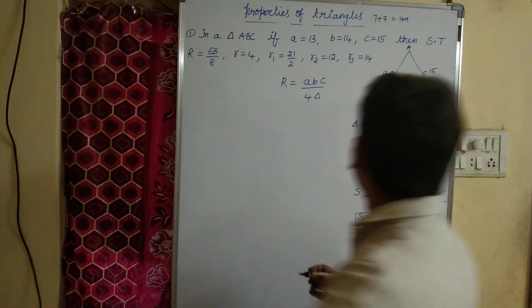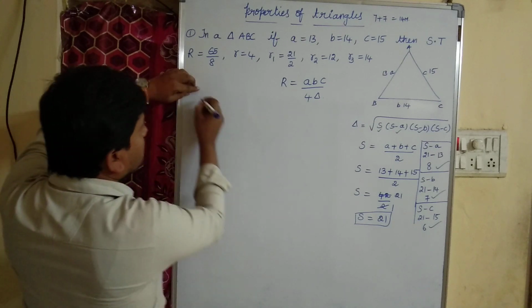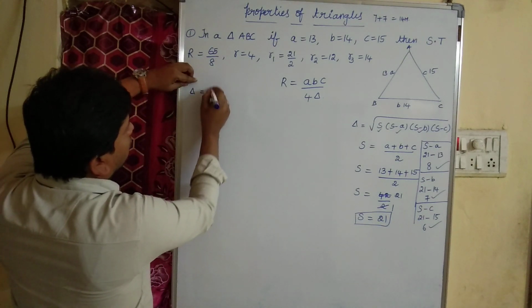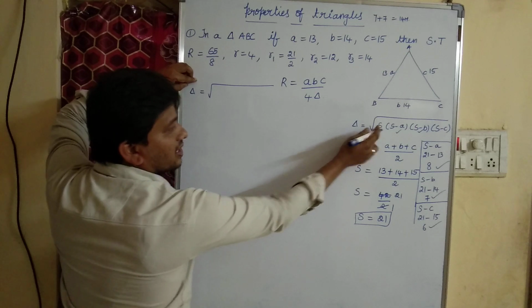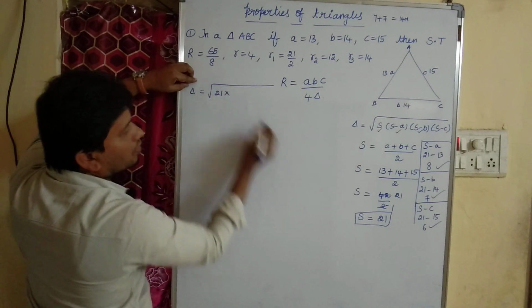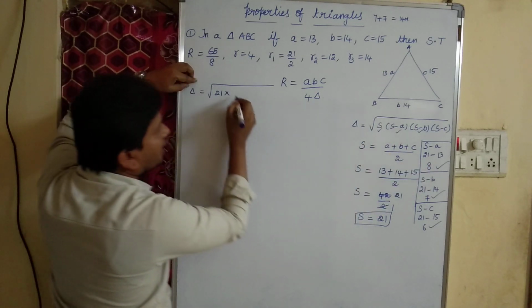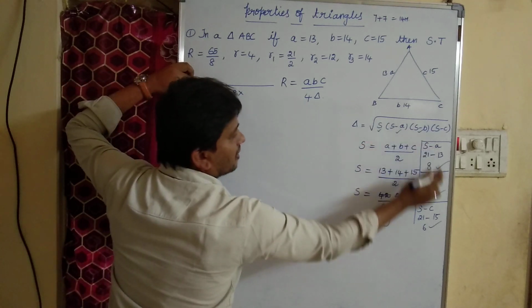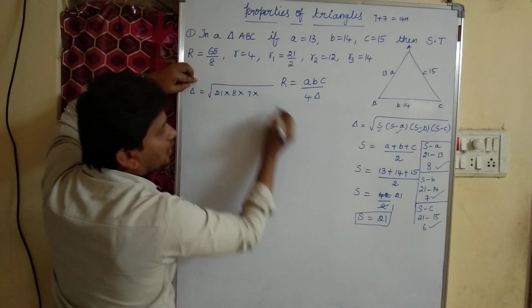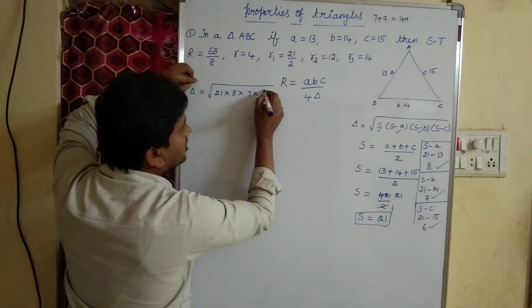So let us find delta now. Delta equal to root over s value 21 into s minus a value 8 into s minus b value 7 into s minus c value 6.